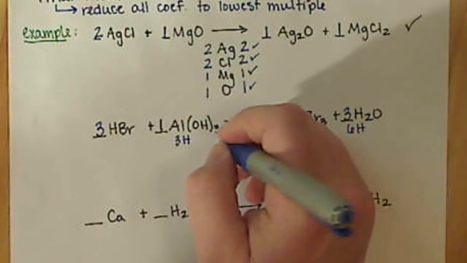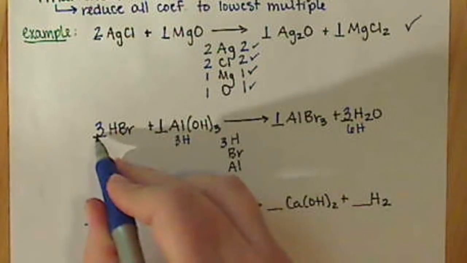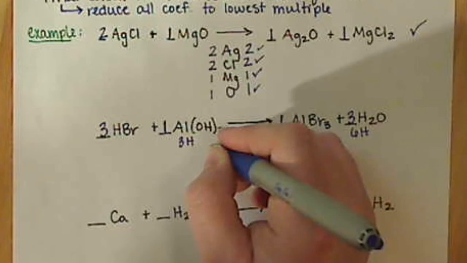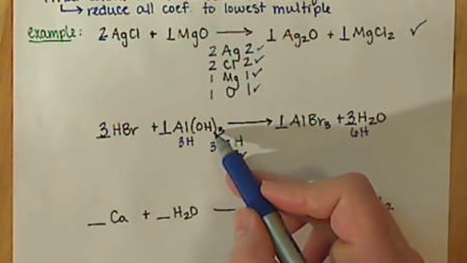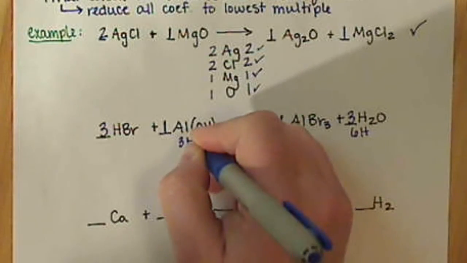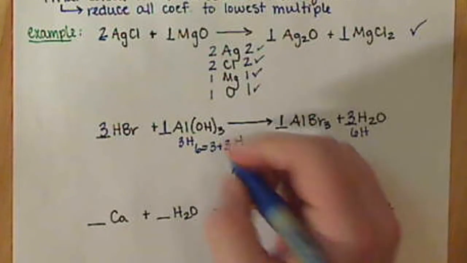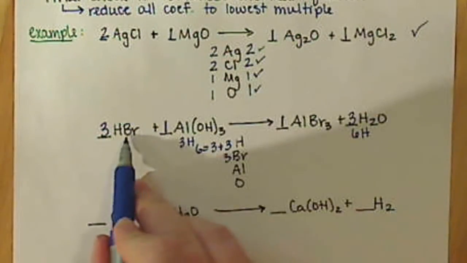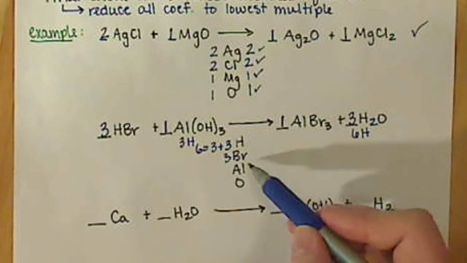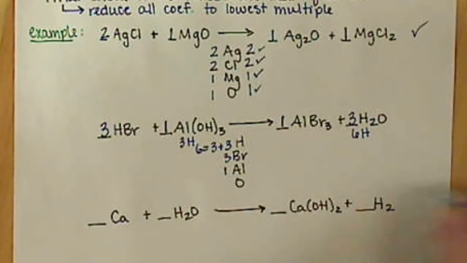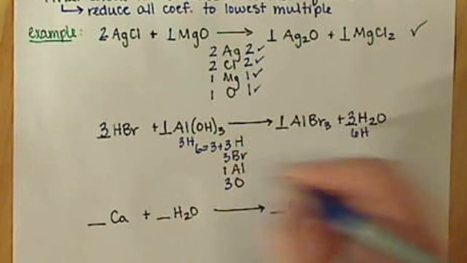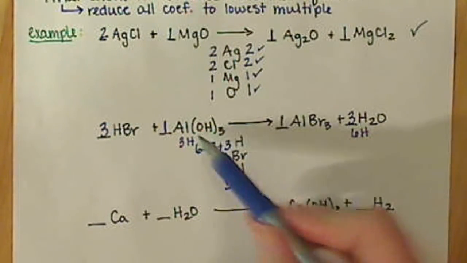I have 3 hydrogen from HBr plus 3 hydrogen from my aluminum hydroxide for a total of 6 hydrogen. I have 3 bromines from my HBr. I have 1 aluminum from my aluminum hydroxide and 3 oxygens from my aluminum hydroxide.